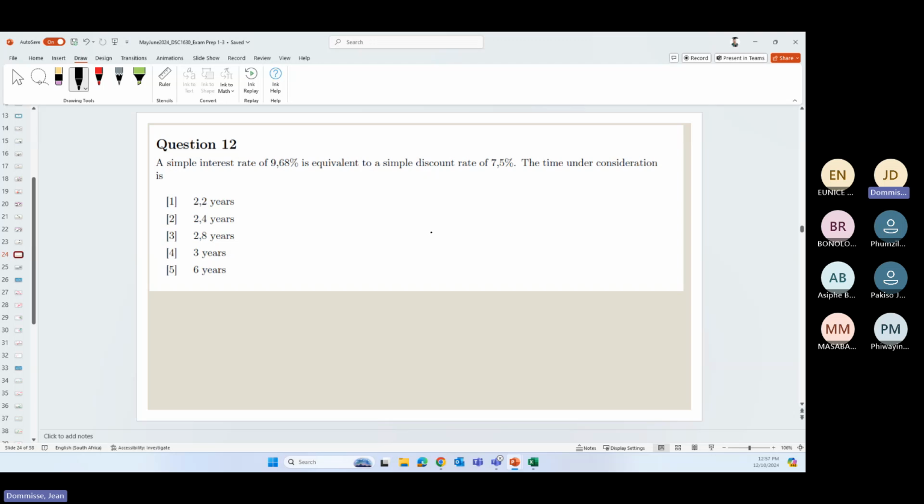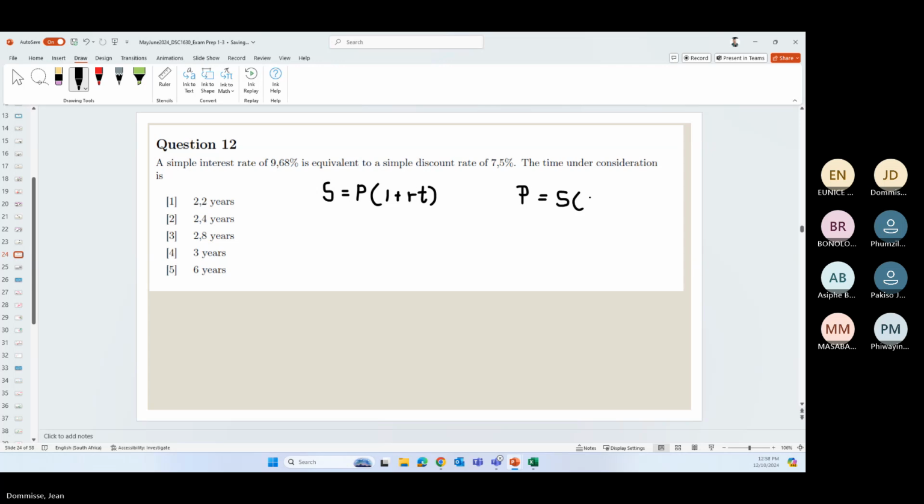So we would have needed to do this. Simple interest is this formula, that would be your normal simple interest formula. Simple discount is this formula.